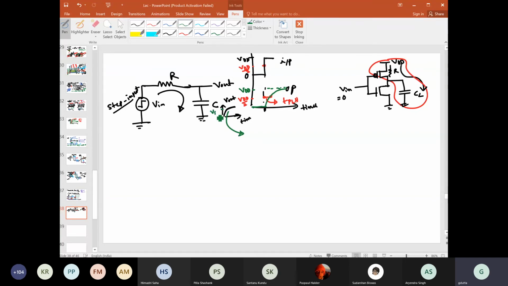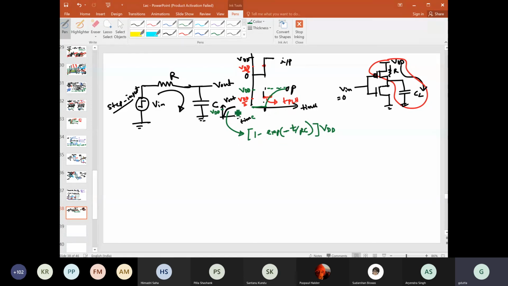If it is reaching VDD after a very long time, then I think you can write it like this: (1 minus exponential of minus t by RC) times VDD. Because finally you can see that if you make the time very large, then this part becomes almost negligible.